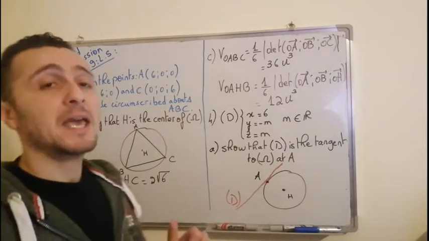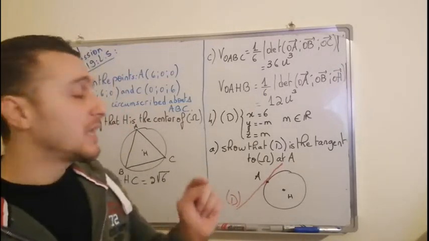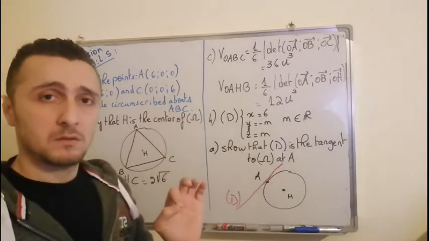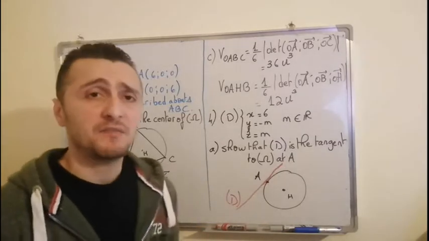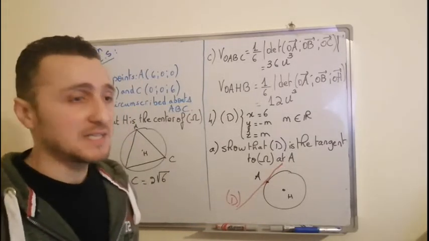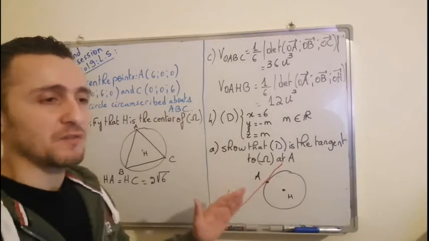If we calculate the scalar product of the directing vector, what's the meaning of directing vector or direction vector? It is a vector having the same direction as the line.